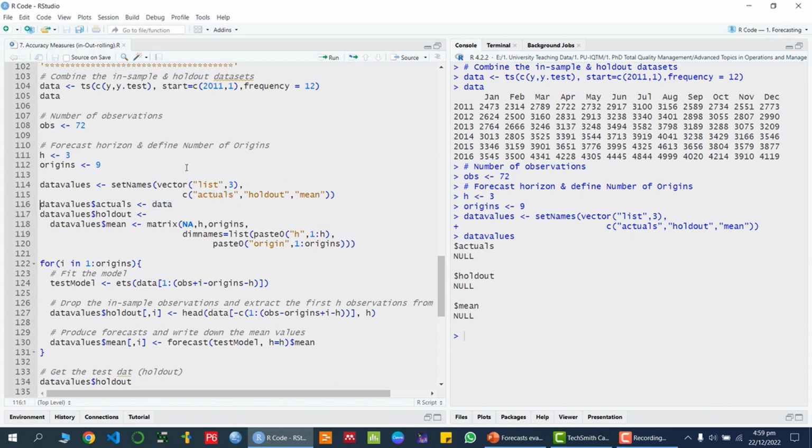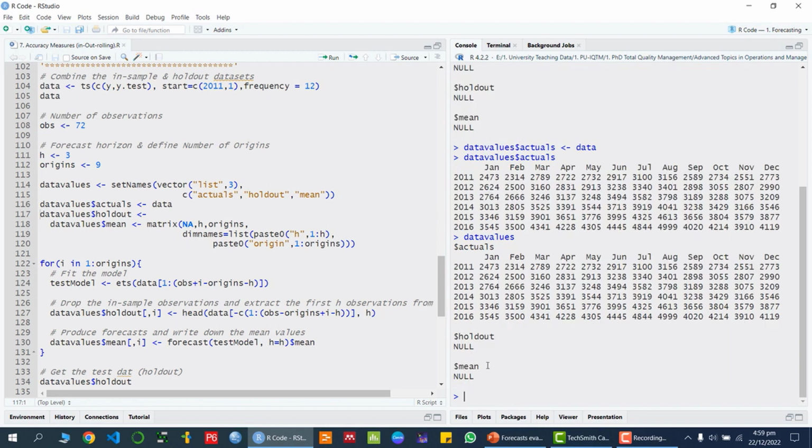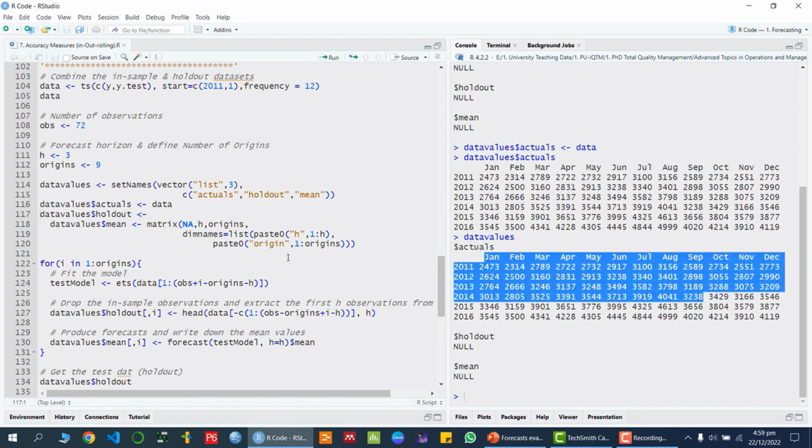That is basically the entire data set we are storing in this particular variable. Now we can see that in actuals we have this data set.